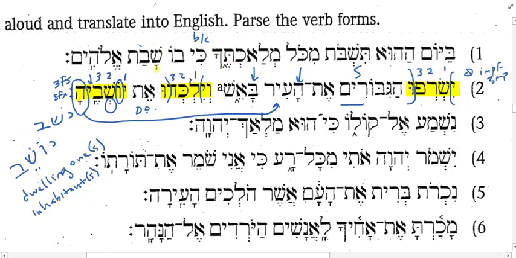Because. Now here I have bo. What's bo? It's the preposition bet plus a pronominal suffix. Which pronoun is the holam vav that's attached to the bet? Yeah, that's 3ms. Okay? Well, how do I translate a 3ms pronoun when it's the object of the preposition bet?